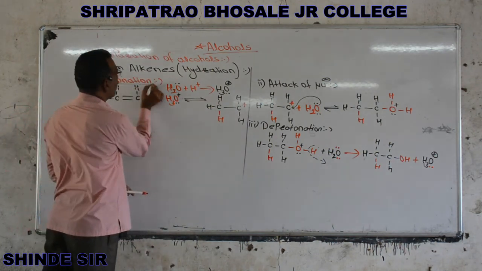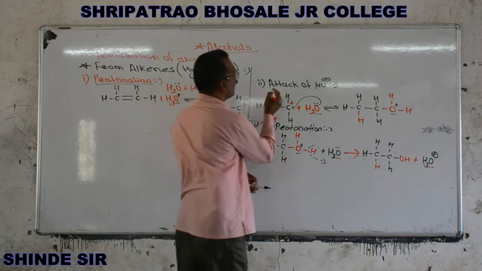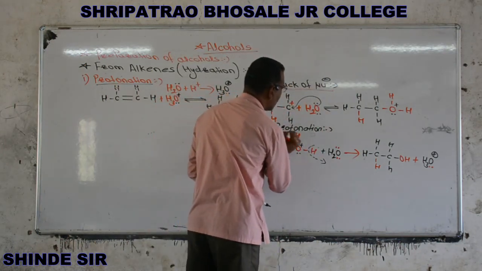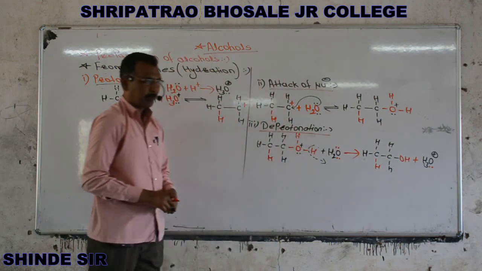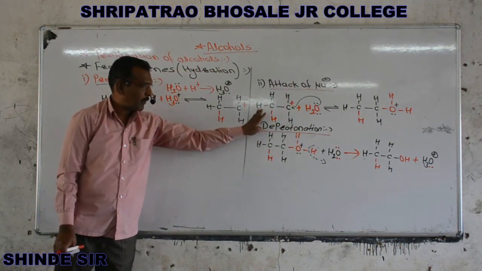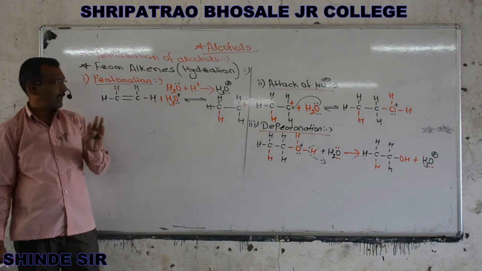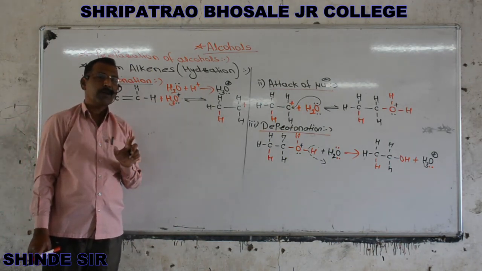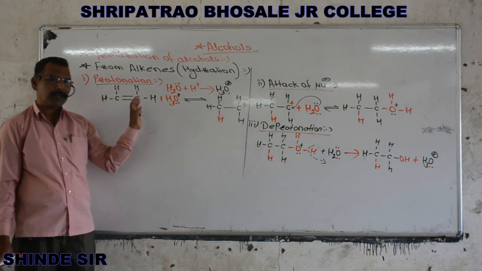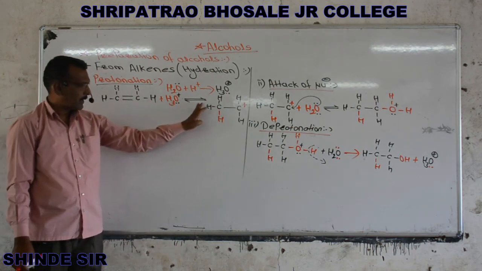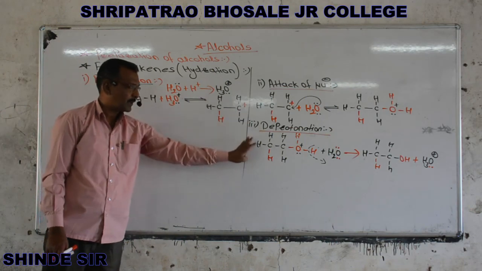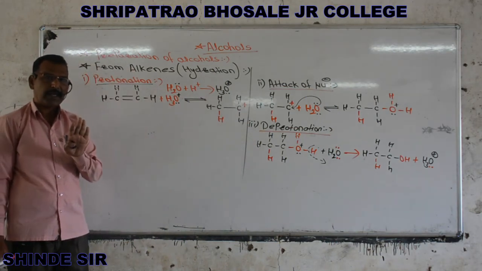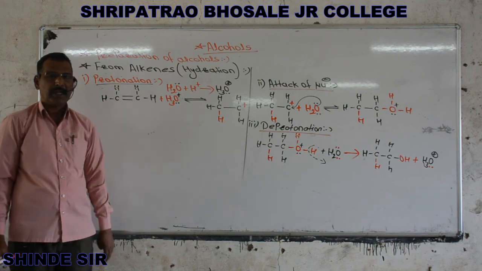This is a very important mechanism, since the question is asked: explain the mechanism of hydration of alkenes. For 3 marks you have to correctly write all these 3 steps. Is it clear? Understand? That is the mechanism of the hydration reaction.